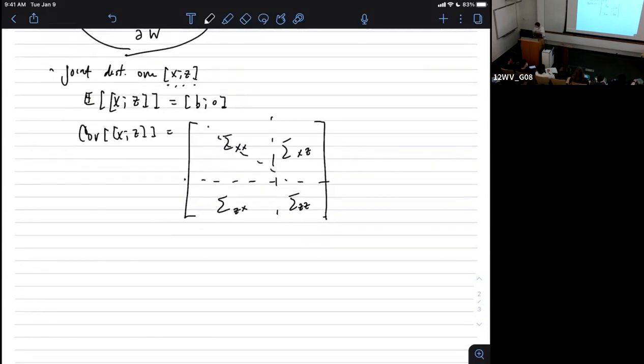Because a covariance matrix is always symmetric, we just need to look at these three entries. We know the covariance of z alone very well: identity. And the covariance of x is w w transpose plus sigma squared identity. Now the question is, what is this cross term?